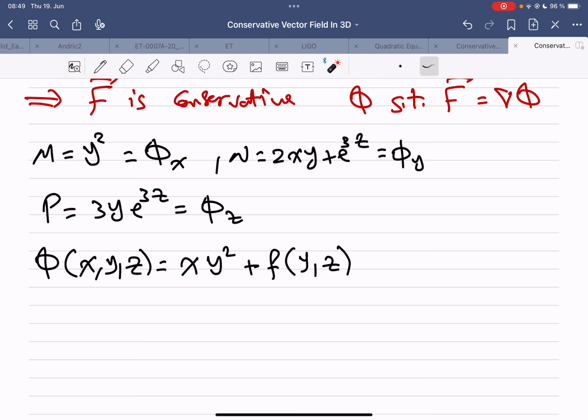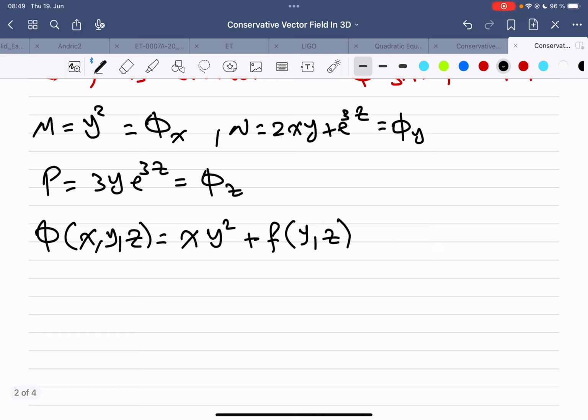If you differentiate this function with respect to x, this will give you y squared and this will give you 0, because this is a function of y and z, meaning that it's constant with respect to x.